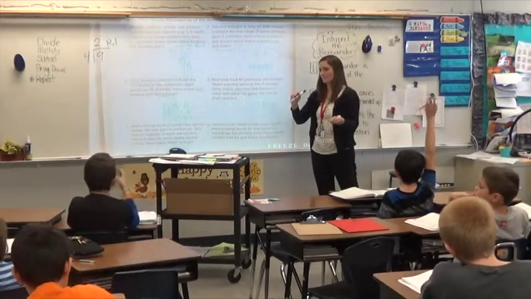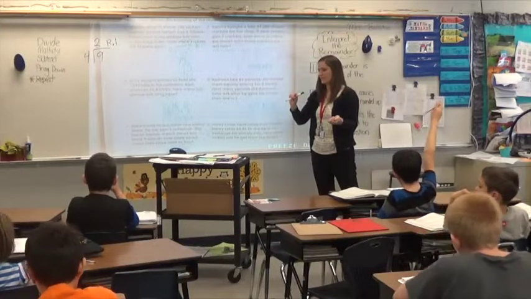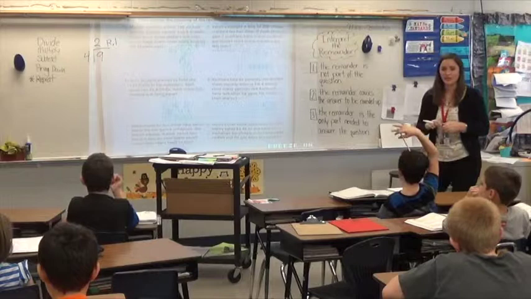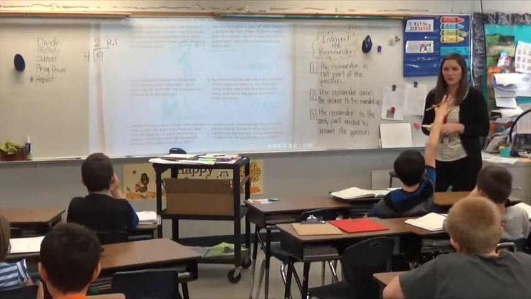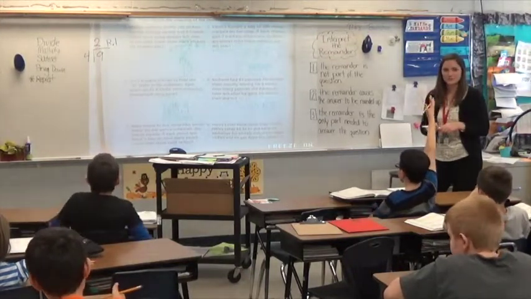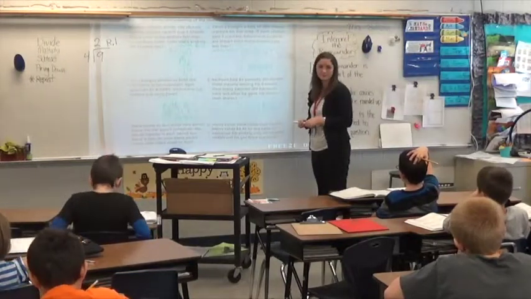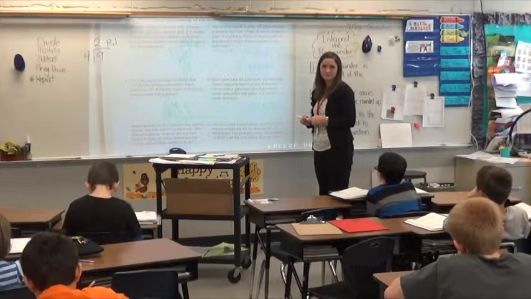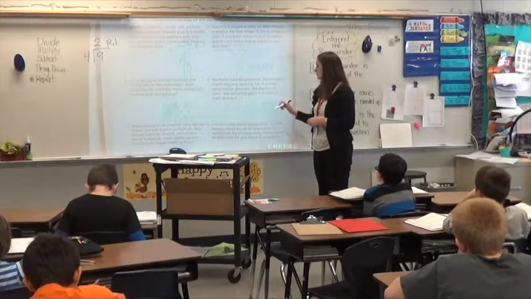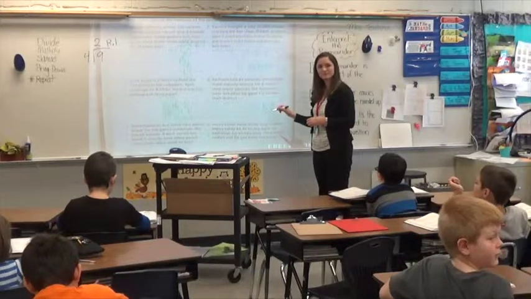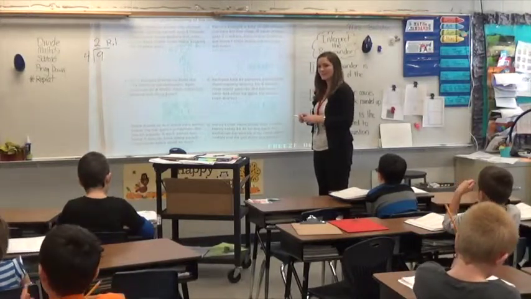Why? Can anyone answer why? Raise your hand if you can answer why we would need the 3. Why would we need the 3? Charlize? You would need the 3 because if you have 87, you have 87 pennies. No. Craig, can you help us out?